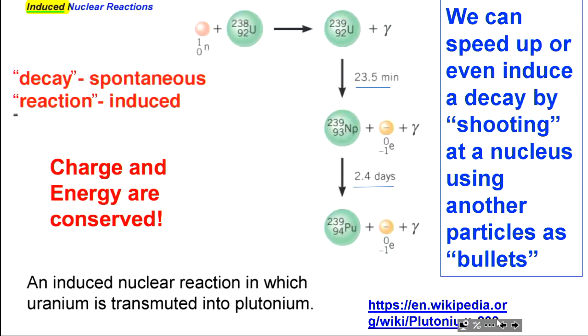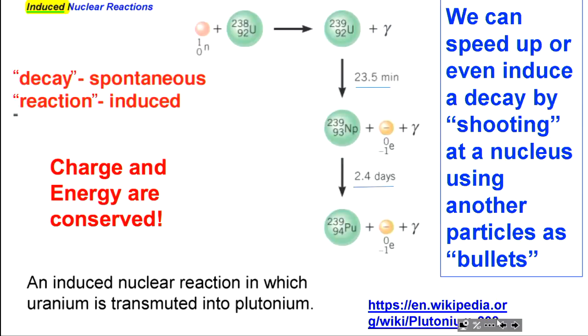So, one of the most famous induced nuclear reactions, that's how initially plutonium was made, a fuel for first atomic plants. What's happening?